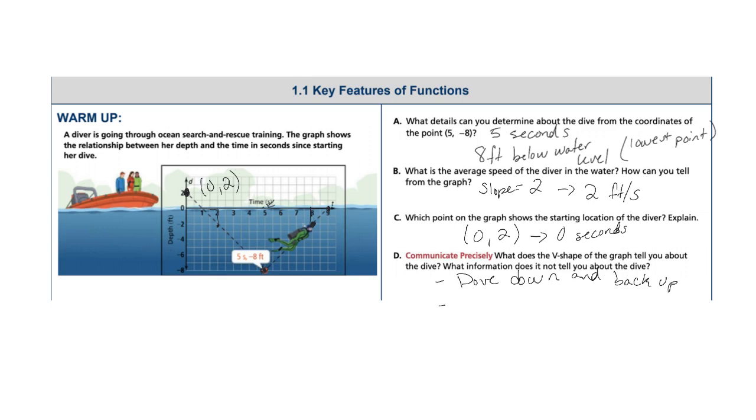One thing it doesn't tell us is if he went horizontal or not. If he went right to left, you can't really tell. You can only tell that he went down or up. So it doesn't tell left or right, meaning if he dove horizontal or not, like sideways.